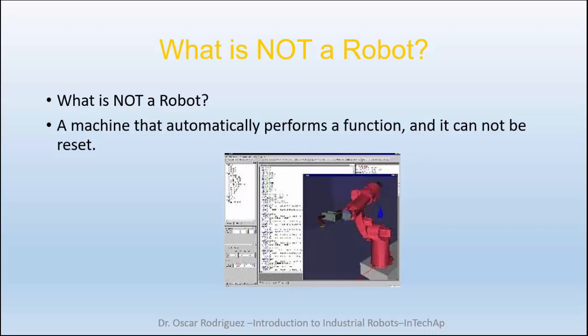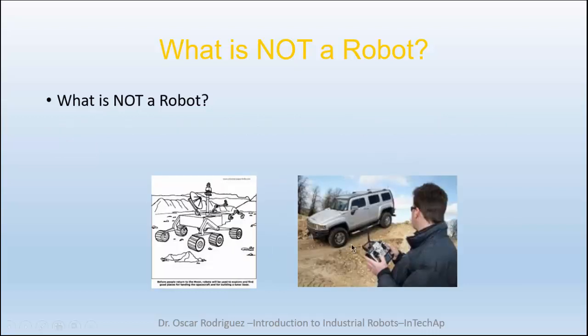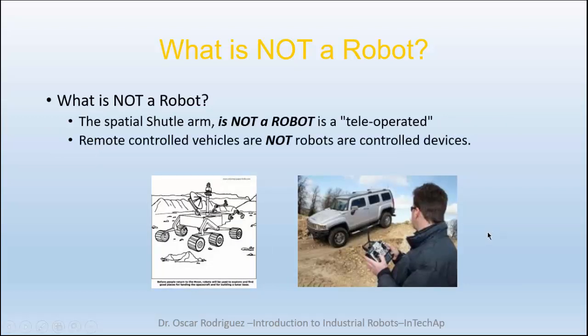We have accomplishments and advancements in automation and robotics, I understand that, and we're looking at what they call autonomous robots, which is really more in the line of smart machine learning, but we're not there yet. It's just an early stage. Sometimes we also think that the special shuttle arm is a robot, but it's not. That's a teleoperated device. We also think that remotely controlled vehicles are robots, but they are not.